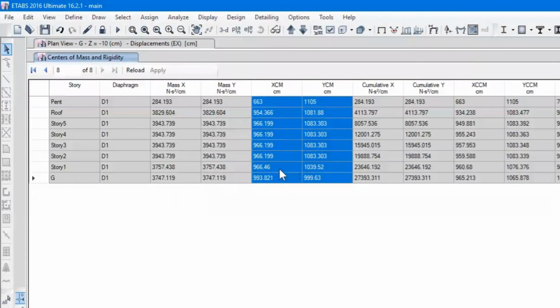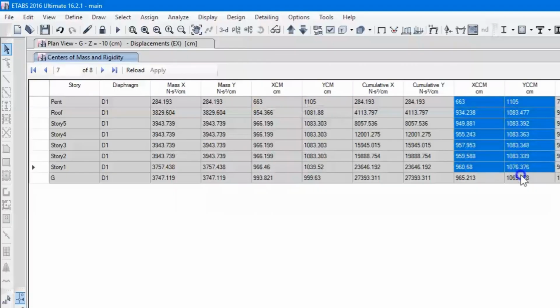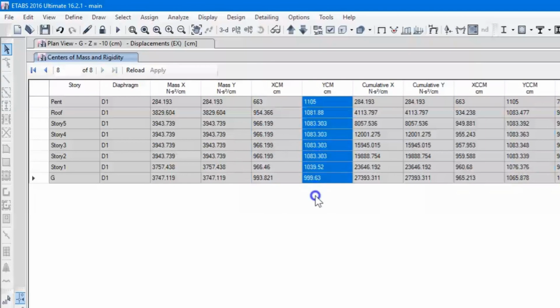Another very useful check is comparing the center of mass and the center of rigidity. Before running the analysis, make sure to activate Calculate diaphragm centers of rigidity. Then after analysis, go to Show tables and choose the centers of mass and rigidity table.